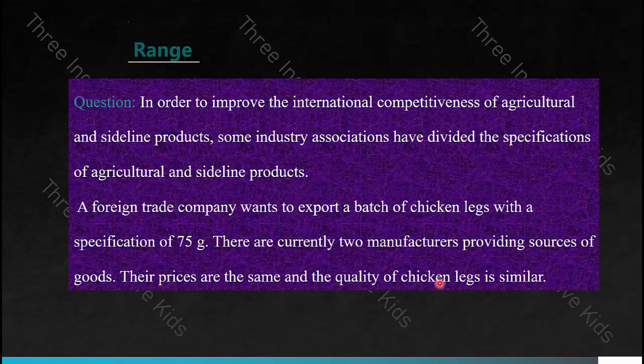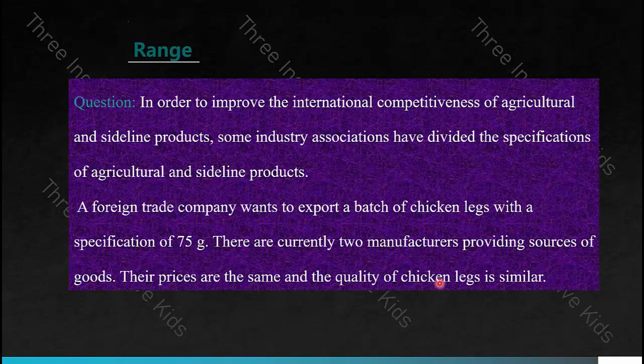In order to improve the international competitiveness of agricultural and sideline products, some industry associations have divided the specifications of agricultural and sideline products. A foreign trade company wants to export a batch of chicken legs with a specification of 75 grams. There are currently two factories providing sources of goods.